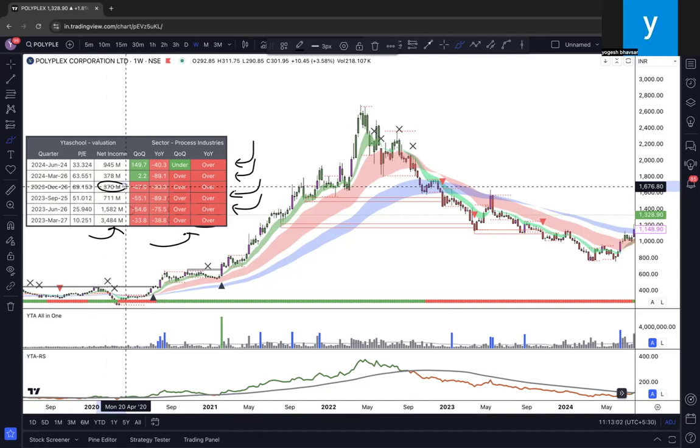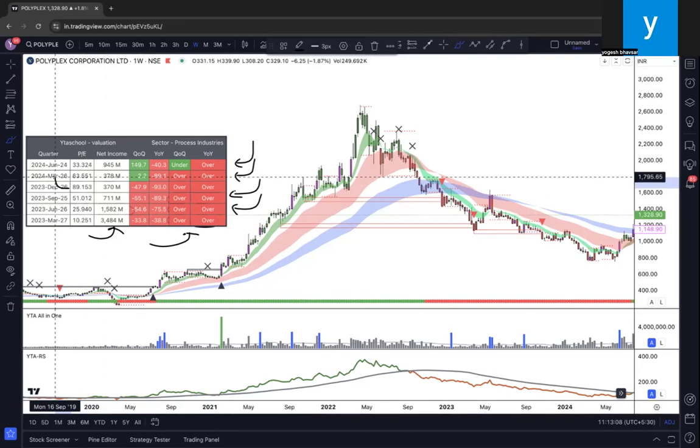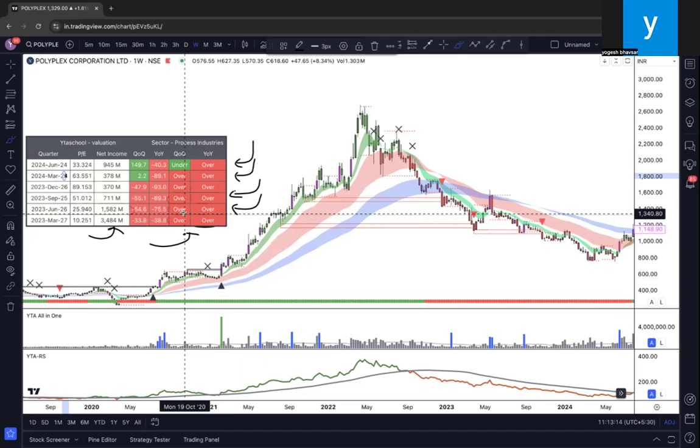Maybe not very much, but it was better than the last quarter. The PE came down to 63 from 89. But my system says that's okay, you made profits, but whatever you are asking as a valuation, you are still overvalued. I will not give you that much valuation even if you made a better profit than the last quarter.